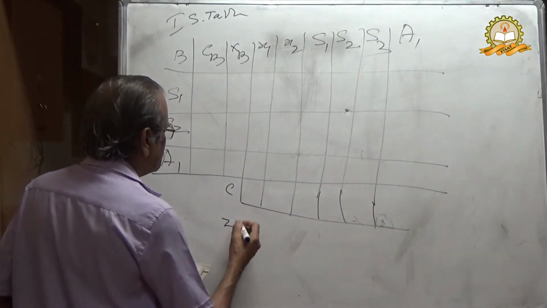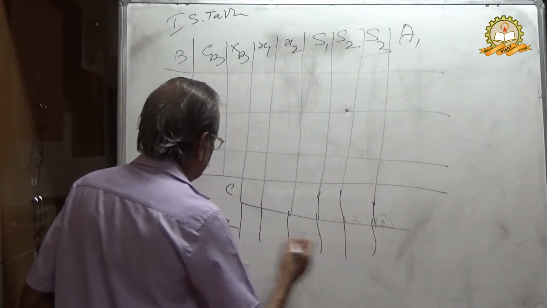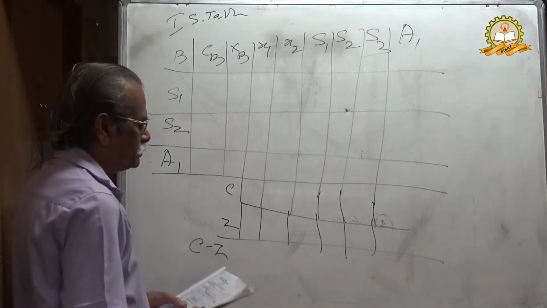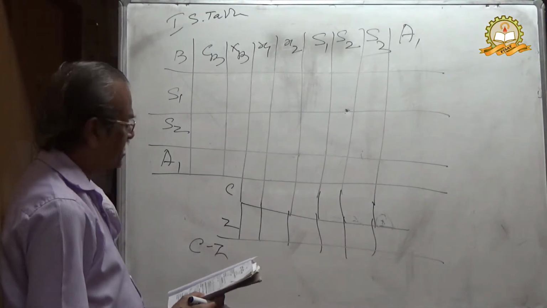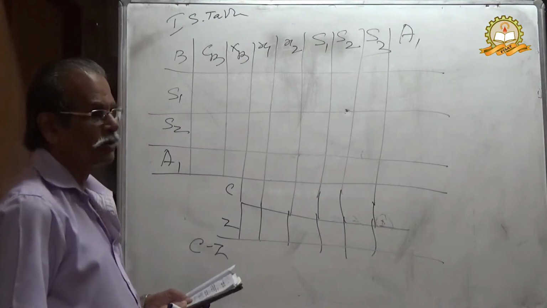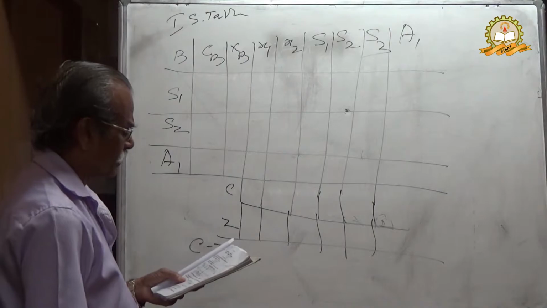You can write Z, C minus Z. Then you consider the objective function.